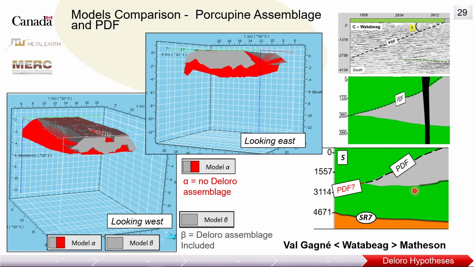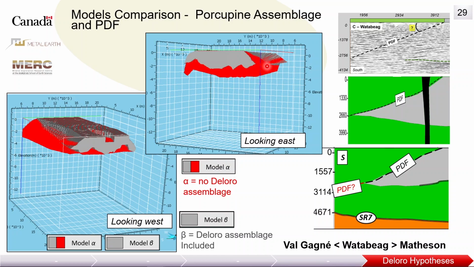geological interpretation. And when you compare both cases here, looking west and looking east for just the porcupine assemblage, when we take in the Deloro versus when we don't have the Deloro, pretty much as I mentioned before, when we have the Deloro, the porcupine becomes thinner. But in terms of porcupine distal fault dip, it doesn't change that much.